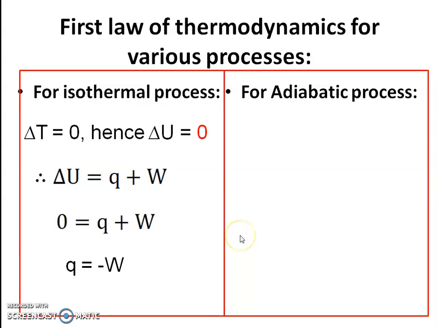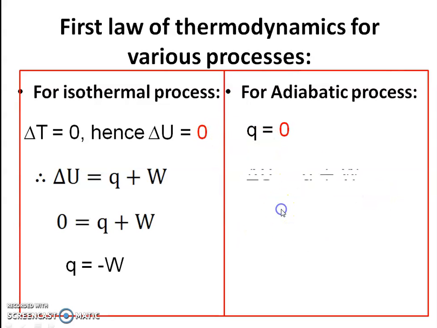Now consider the adiabatic process. An adiabatic process is a process in which neither heat enters into the system nor goes out of the system. That is, for an adiabatic process, Q is equal to 0.